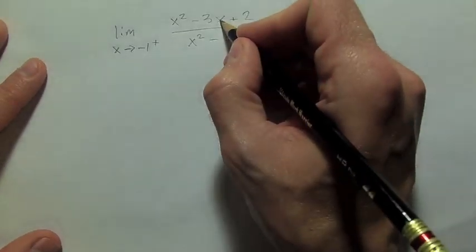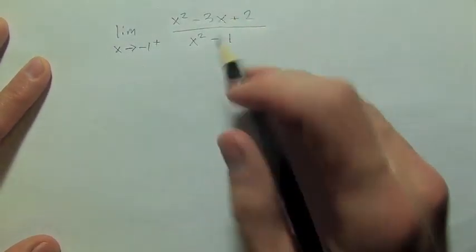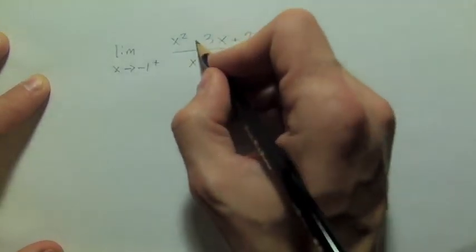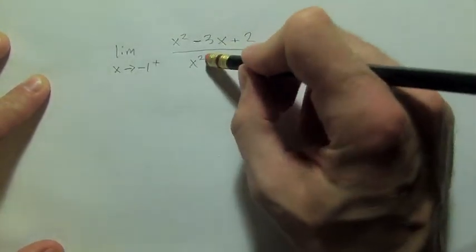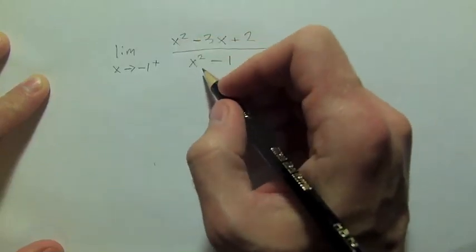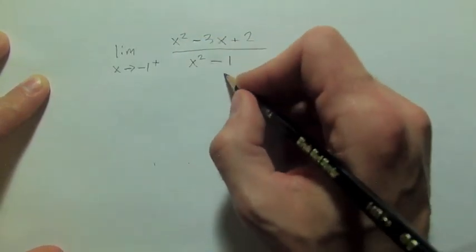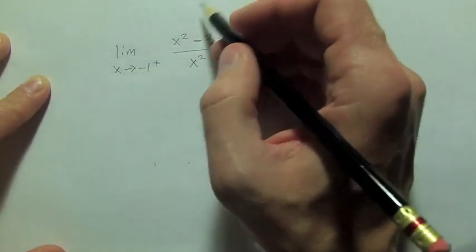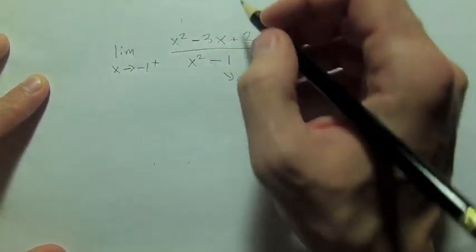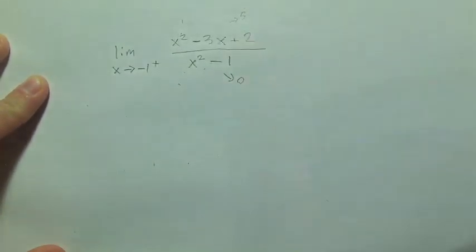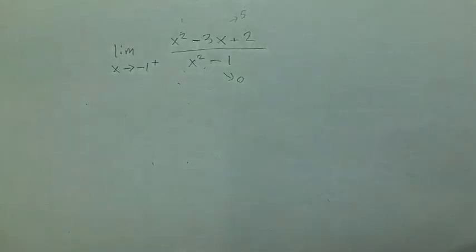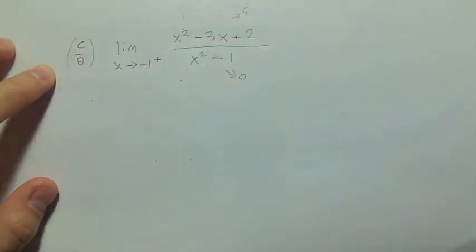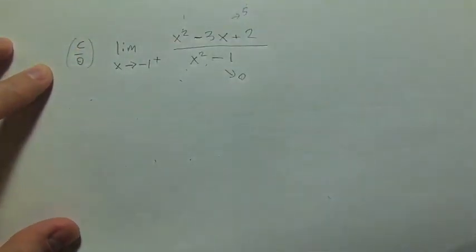Now, if I plug in negative 1, I'm going to get 0 in the denominator again, because negative 1 squared is going to be 1, so I'll get 0 down here. And in the numerator, if I plug in negative 1, I'm going to get 1 plus 3 plus 2. So this actually ends up being 5. Right, so this is a constant over 0 case. And what does that mean? That means it's definitely a plus or minus infinity.